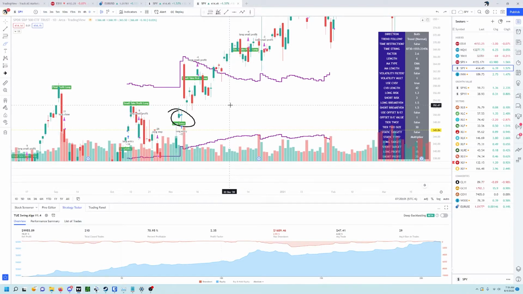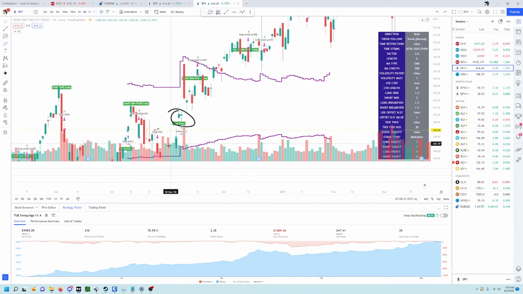If the volatility drops, then we want our stop loss a little closer. But if it's very volatile, then we can have our stop loss a little bit further away. And this adjustable stop loss and break even, which I'll explain in a moment, have been pivotal to the success of the algo.